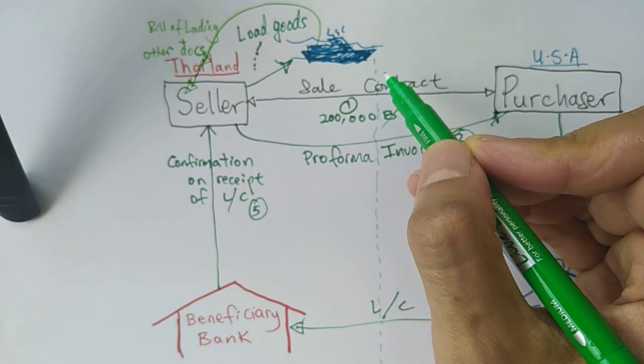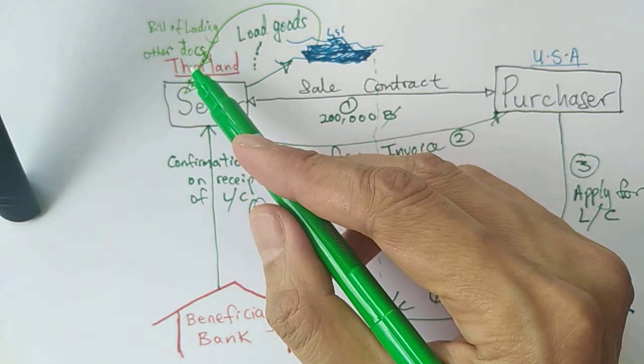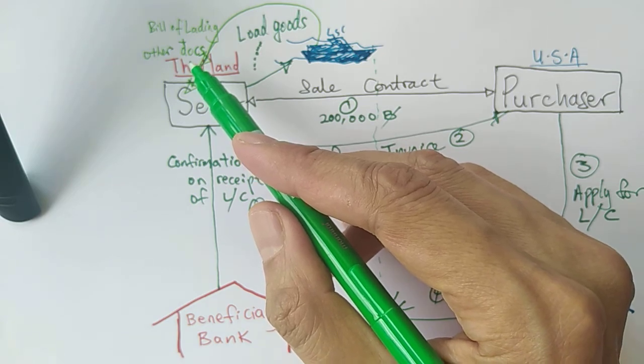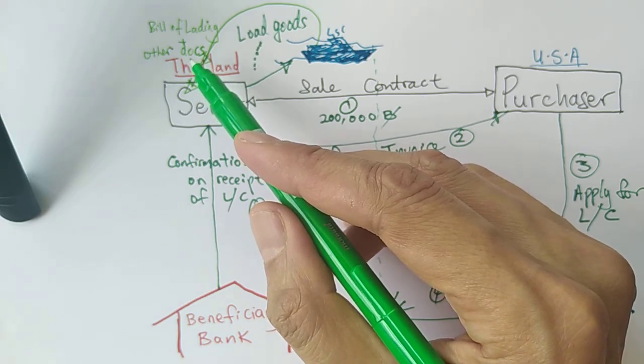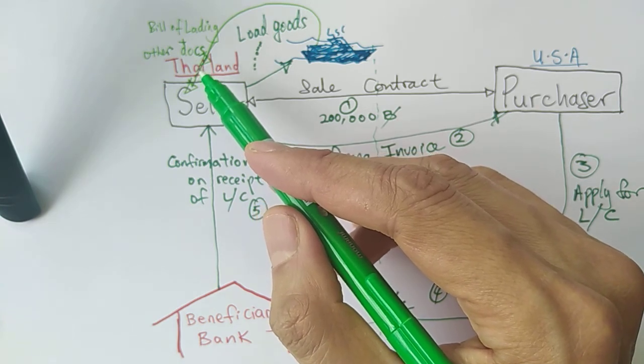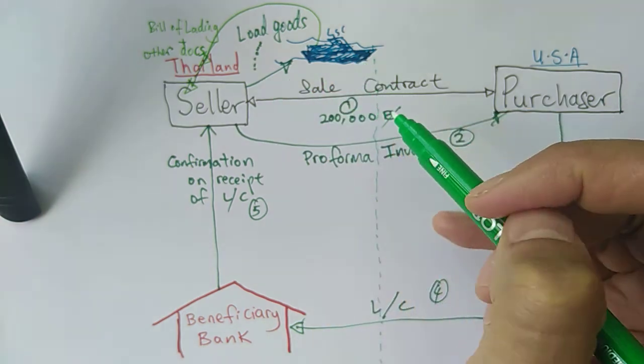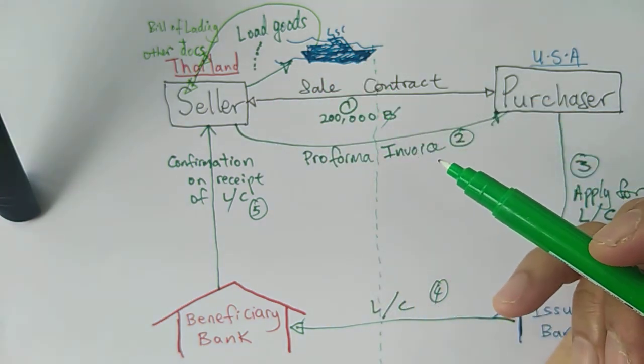The insurance company would pay. Okay, these are one of these kind of other documents, and also maybe copy of the pro forma invoice, things like that.